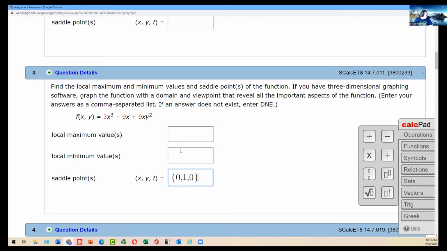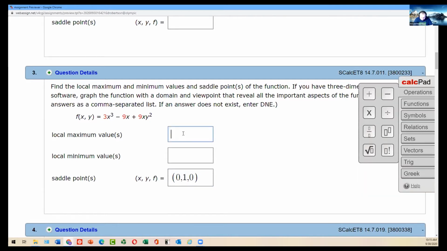On the other hand, we just found a local maximum, and the local maximum had a z coordinate of 3, so you only put 3 in. So do you see it's a slightly different format for the answer? You don't write the coordinates for the max and min, only the z value, the value of f(x,y), which is what the z value is. But for a saddle point, you do write the coordinates. And they do give you a clue. Do you see how they say x, y, f? That's their way of trying to tell you that.